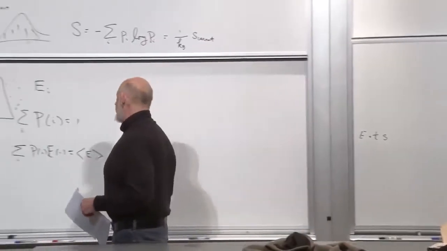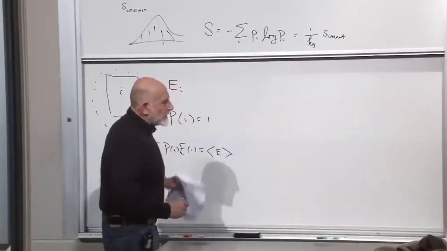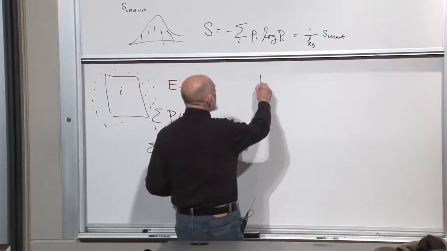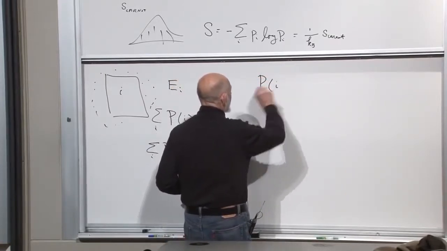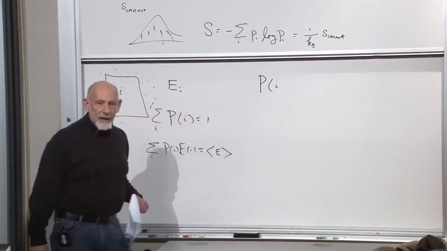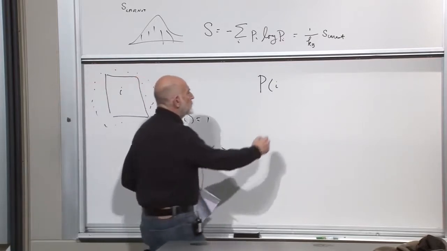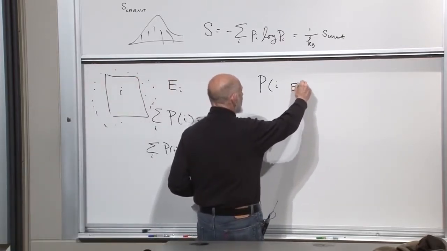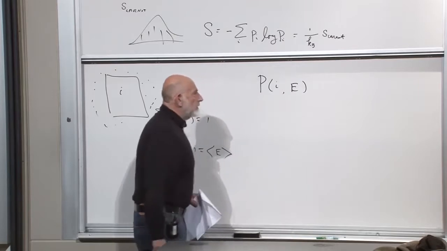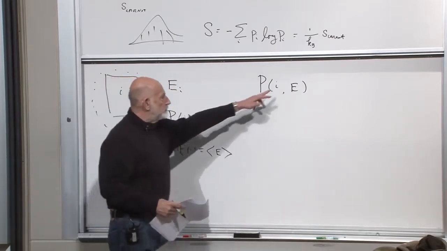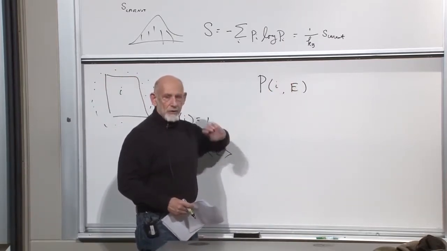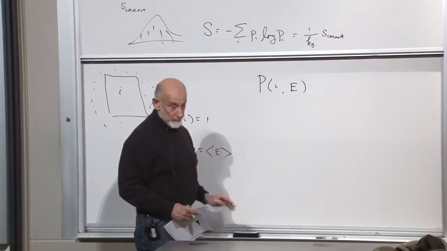So you can change the average energy, and in that sense, the probability P sub I depends on the average energy. Now, this bar now stands for average energy.